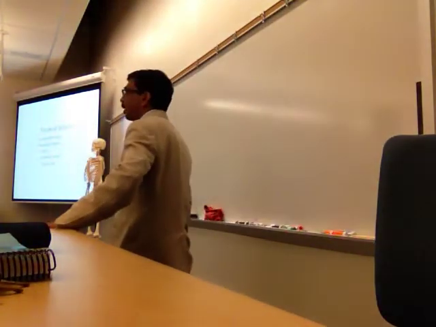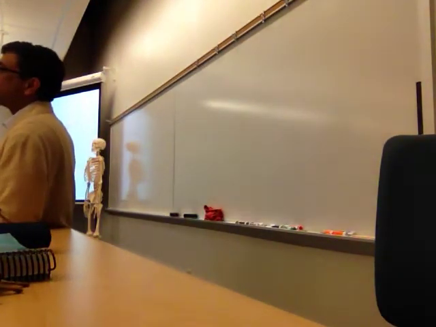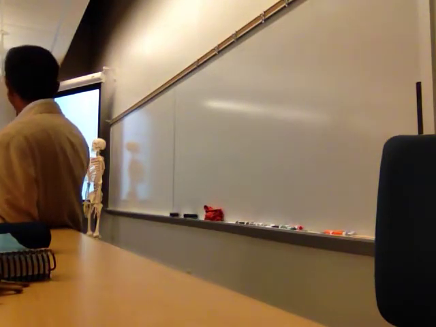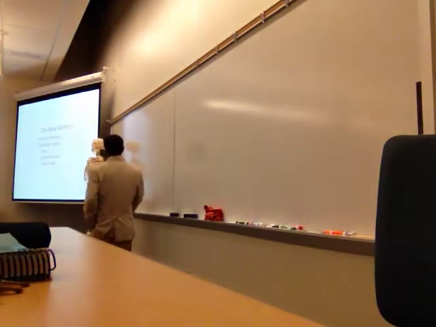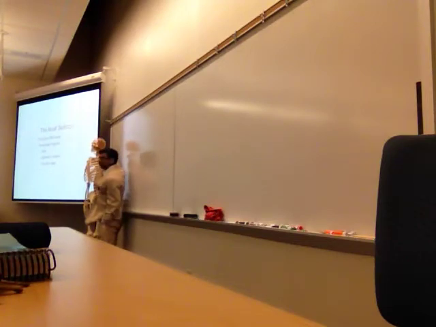So first, in the axial part of the skeleton, we have a total of 80 bones. And you already know that the axial skeleton consists of the skull, thoracic cage, and the vertebral column. Okay?